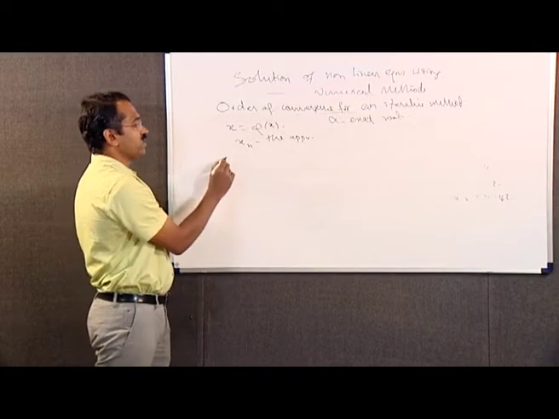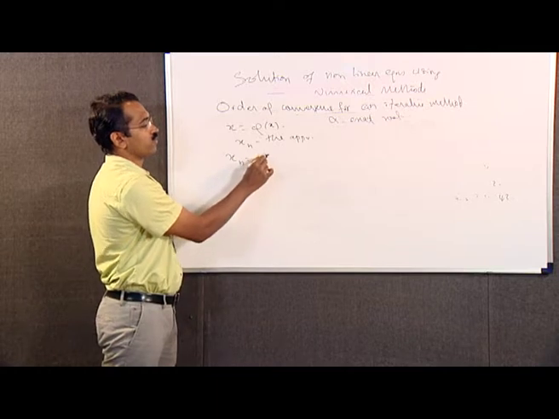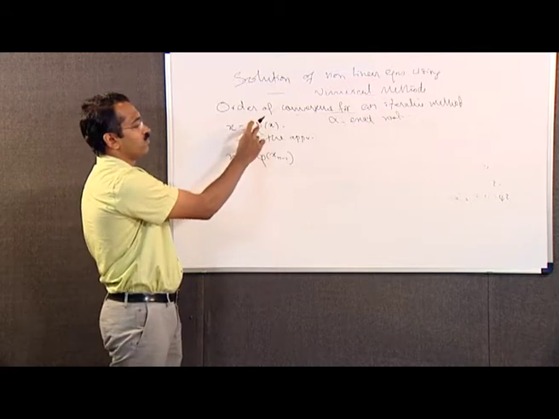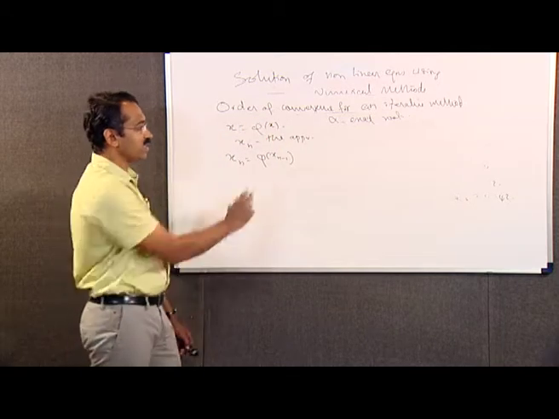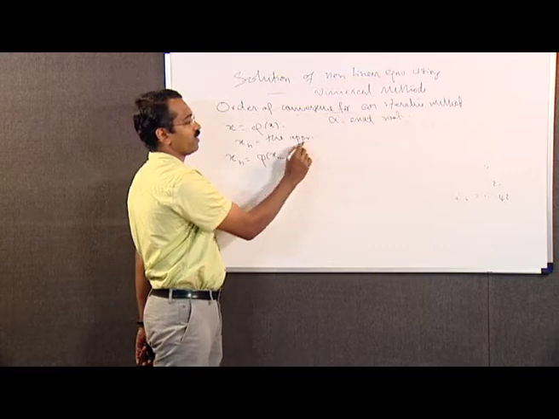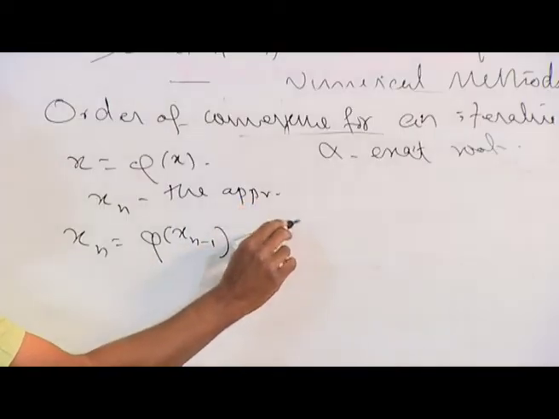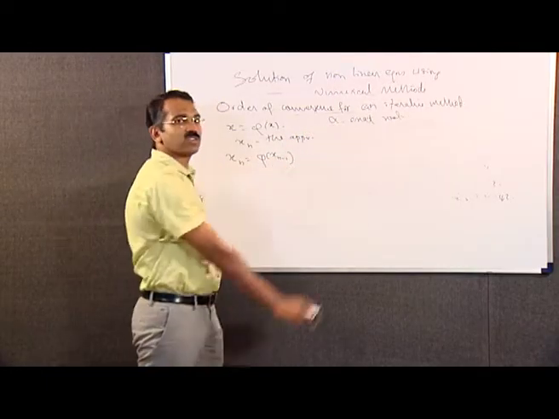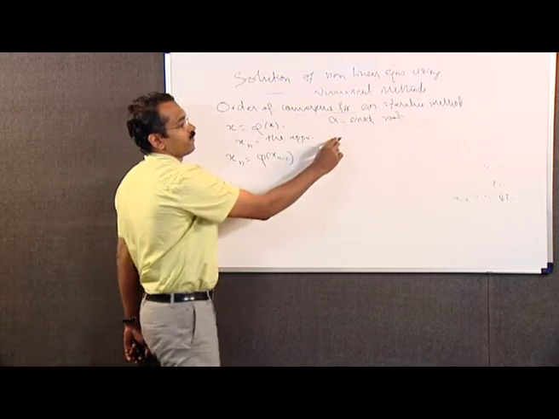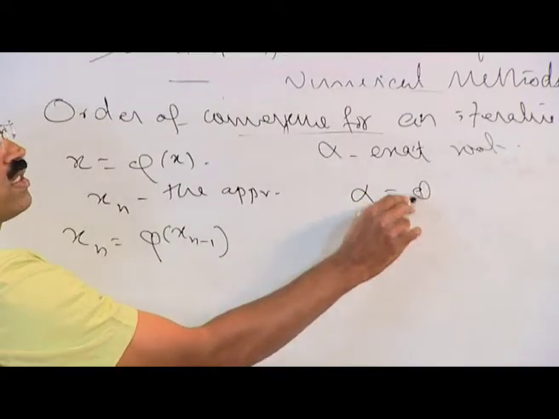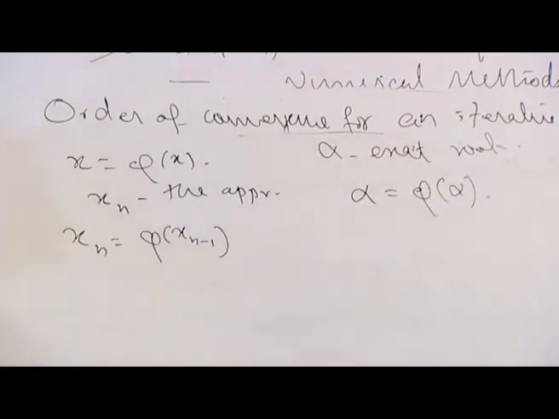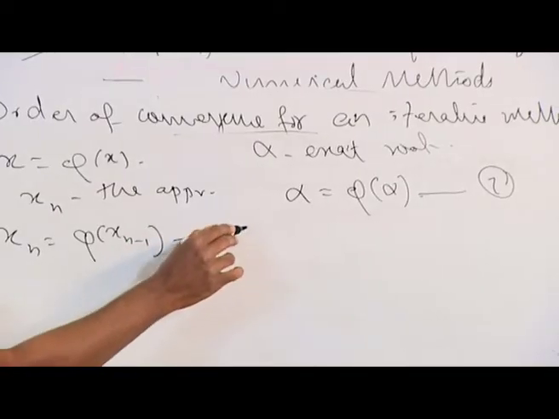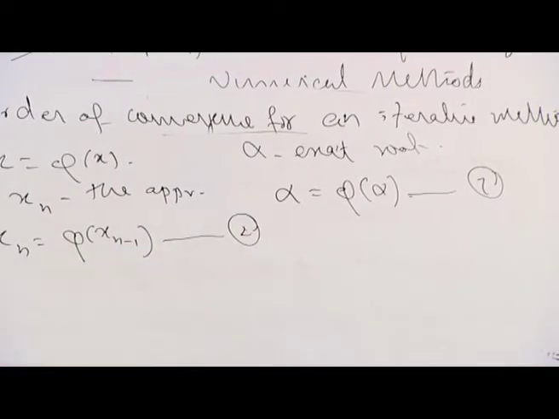Then we can write x n is equal to phi of x n minus 1 by the fixed point iteration method, where x n minus 1 is the approximate value of the exact root in the n minus 1th iteration. Since alpha is the exact root of the given equation, we can write alpha is equal to phi of alpha. This is equation 1. Let it be named as equation 2.